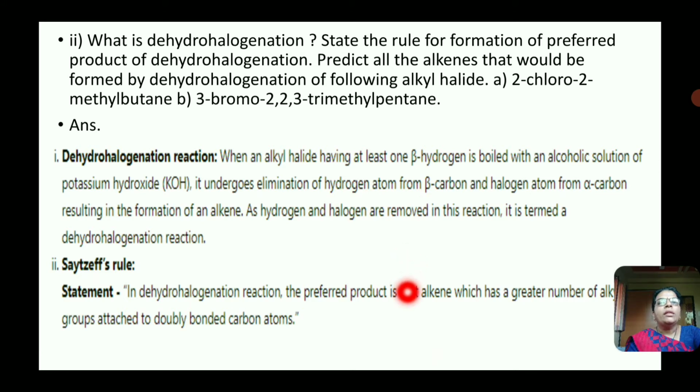Now here the Saytzeff rule is used for the dehydrohalogenation reaction. In dehydrohalogenation, the preferred product is the alkene which has a greater number of alkyl groups attached to the double bonded carbon atoms. That is, the more substituted alkene is obtained.